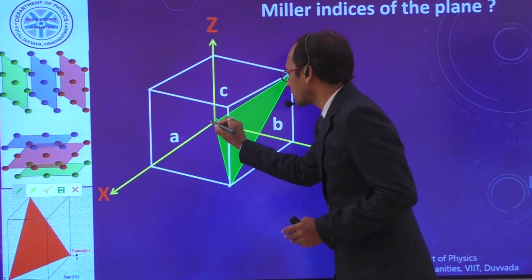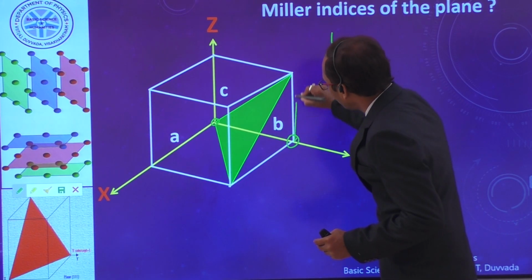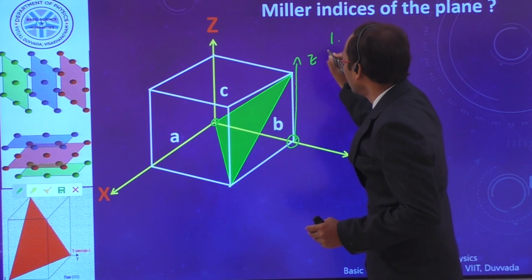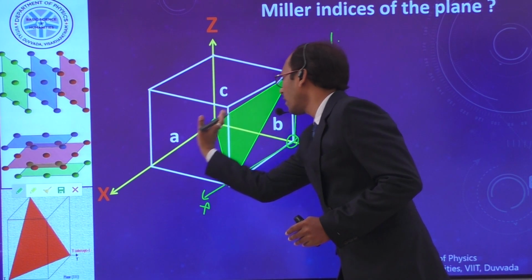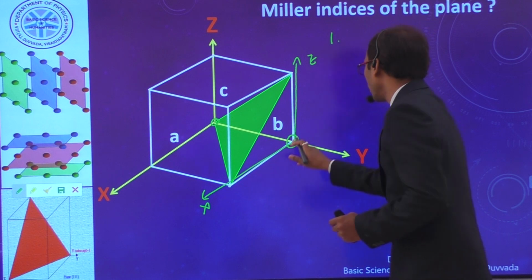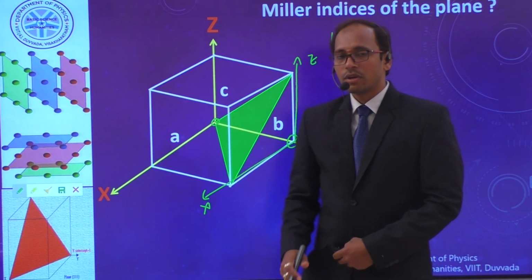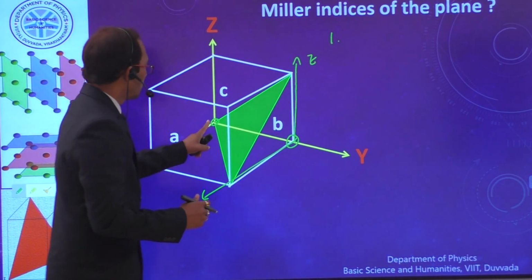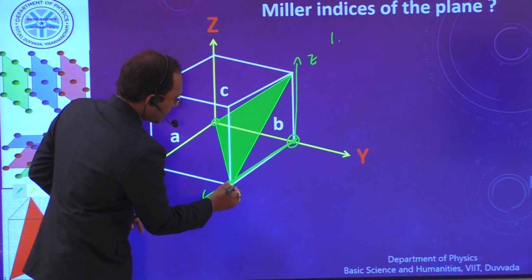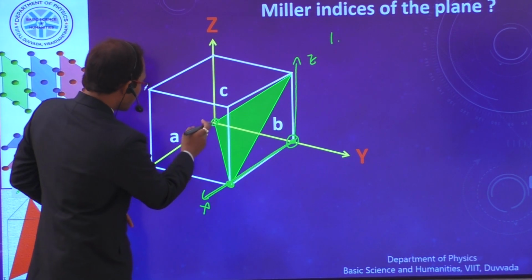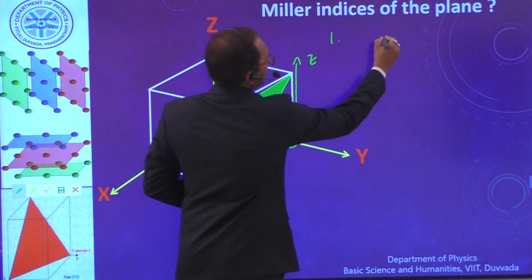That means if I shift this origin from here to here, that means here this is my z-axis and this is my x-axis. That means I am shifting this origin from here to here, x, y and z. Now if you do it like this, x-intercept means this is my x-axis, it is touching here. That means what is this length? This length is a, so this length is also a. So the x-intercept is coming a.